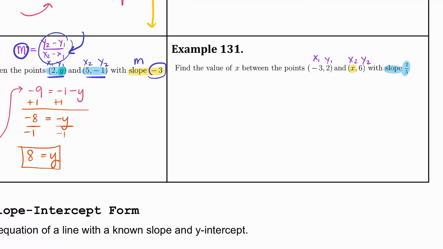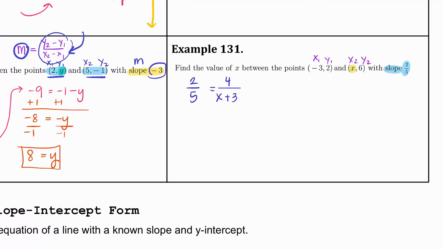We do know our m, we do know our slope. Our slope is 2/5. So 2/5 equals y2 minus y1, or 6 minus 2. I'm going to go ahead and just make that 4, over x2 minus x1. So I'm going to have x minus negative 3, or x plus 3.